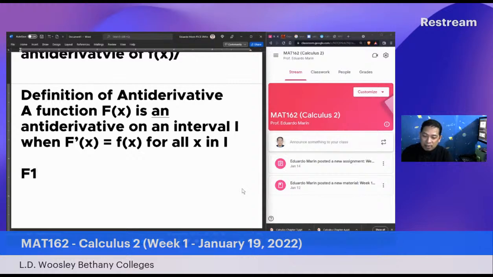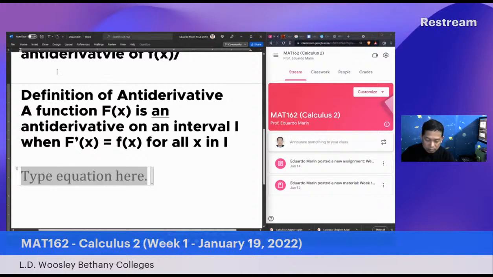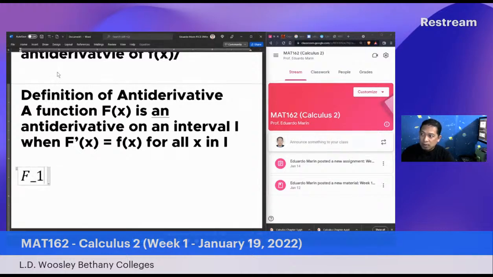Let f of 1 of x be, say, x cubed. Another one would be f of 2 of x, which is equal to, say, x cubed minus 5.